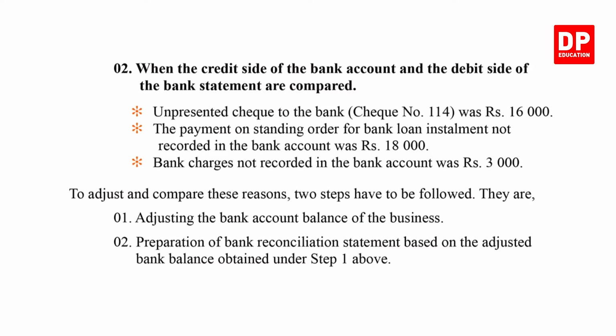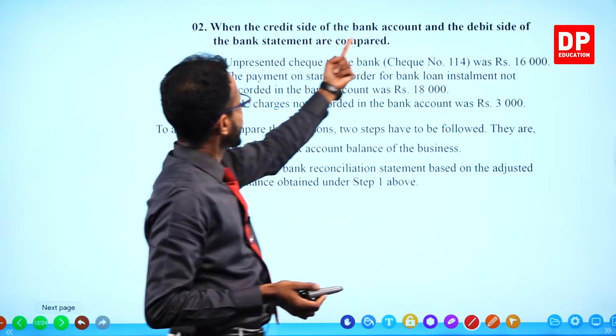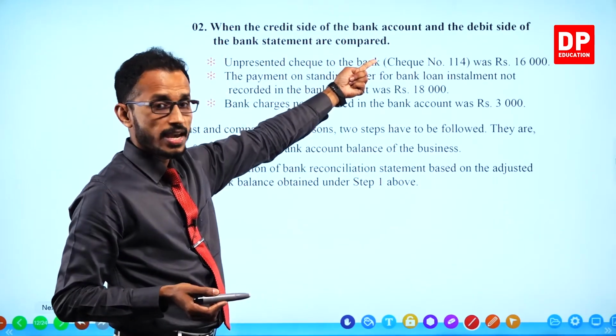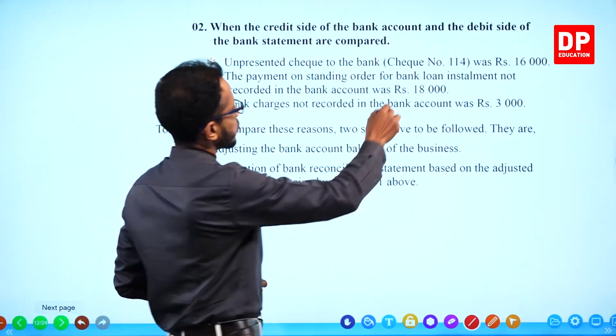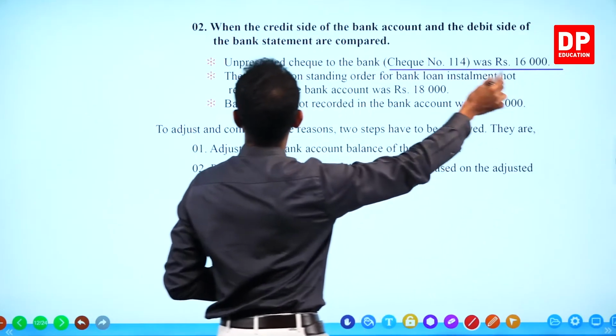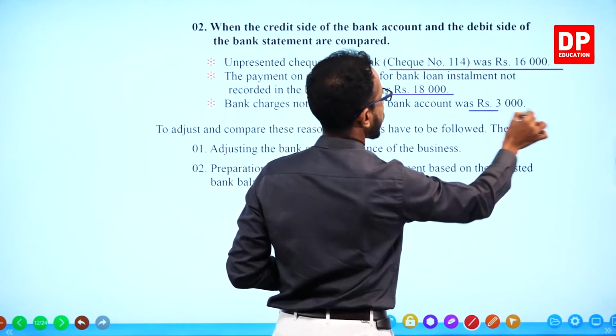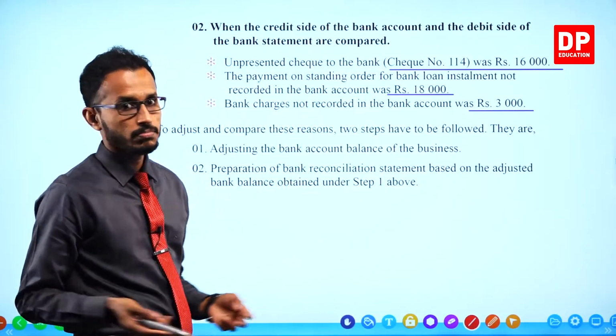Again, they say where the credit side of the bank account and the debit column of the statement are compared, these items were found. Yep, we found them.